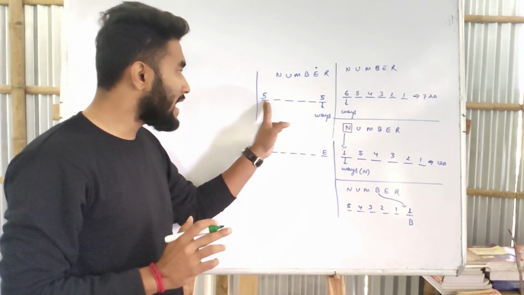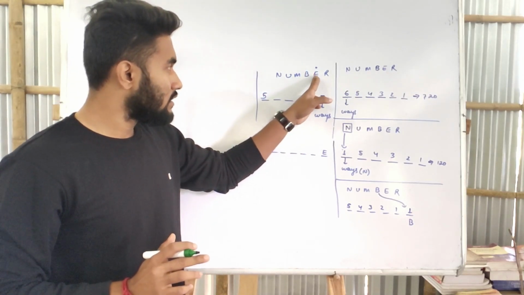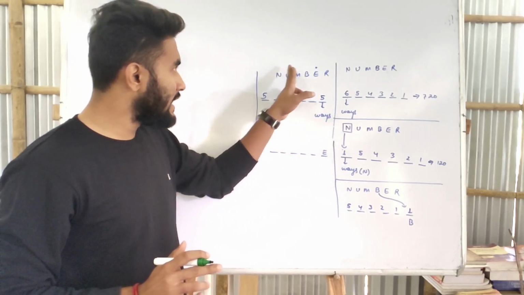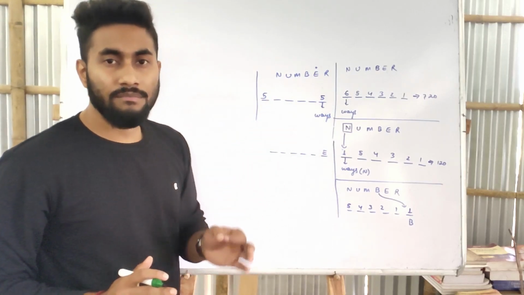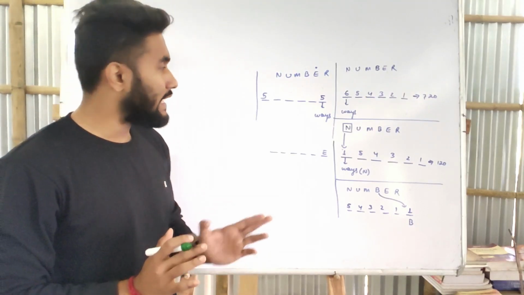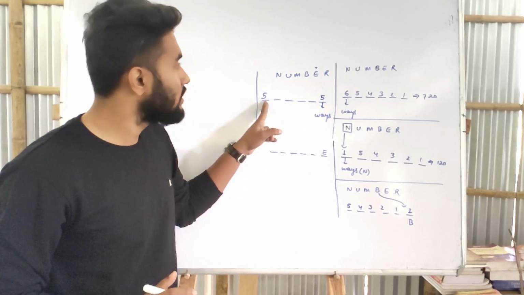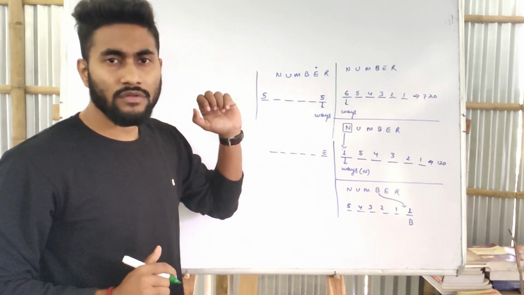Why again 5 ways, why not 4? Because except B, any of the letters can be seated. So obviously I have seated E here, but here B can sit. The word can begin with B. It is only said that the word cannot end in B. So again how many ways? 1, 2, 3, 4, 5.